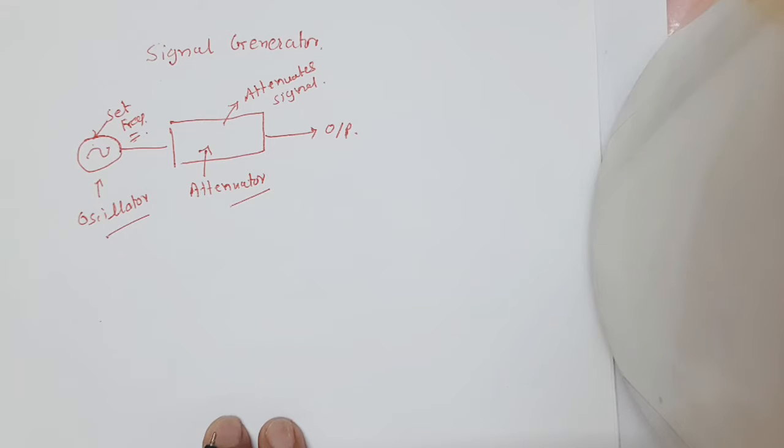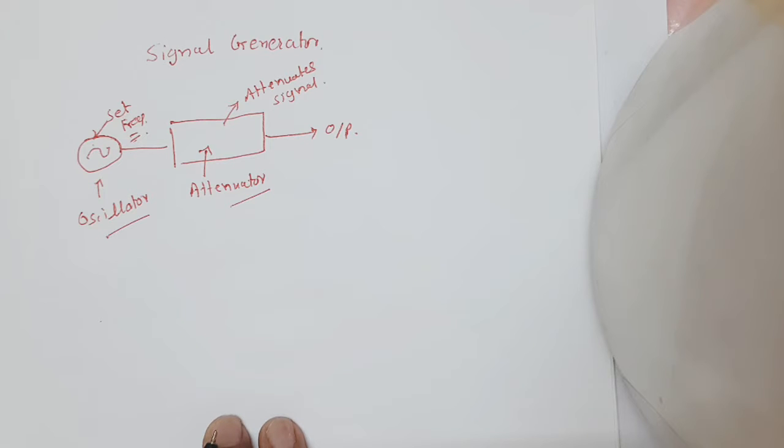Then we discuss the modern laboratory signal generator. What happens in the modern laboratory signal generator? Again there is an oscillator, which we can call the RF oscillator, and there is an attenuator. In between this, there are different parts which make the signal generator modern.